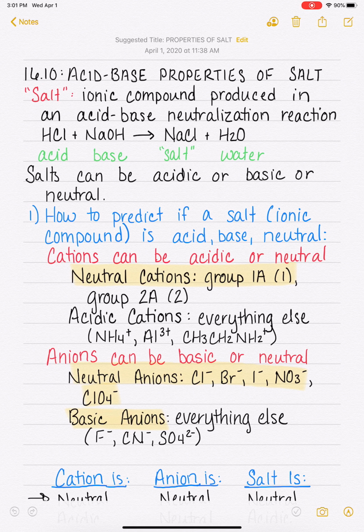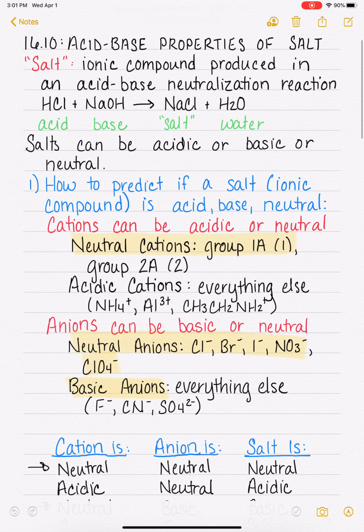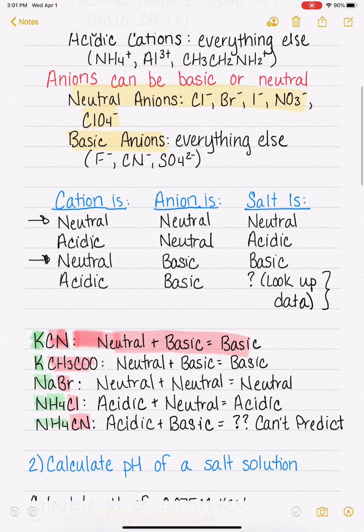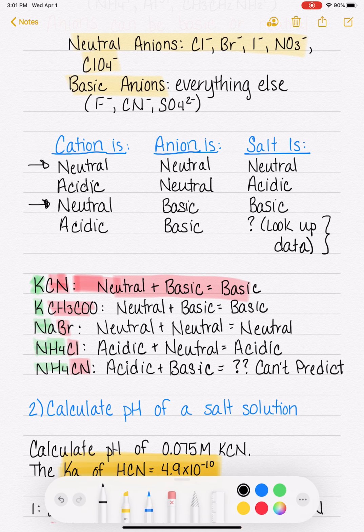The last thing that I want to cover in section 16.10, so I'm going back to the notes that I gave you for 16.10. In part 1, how to predict if a salt is acid, base, or neutral, I gave you this table that we looked at, on how to predict based on the cation and the anion whether something is acidic or basic or neutral.